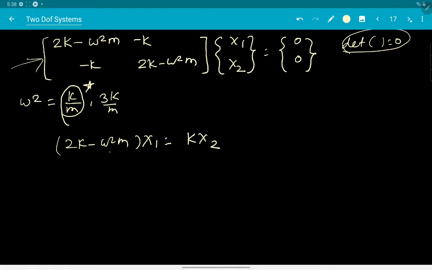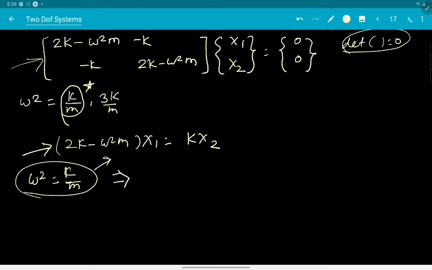And in this equation, let me put the value of omega square as k by m. If I put this value of omega square in this equation, then I end up with this one, 2k minus k by m into x1 is equal to k x2.